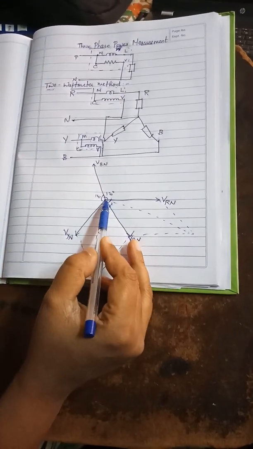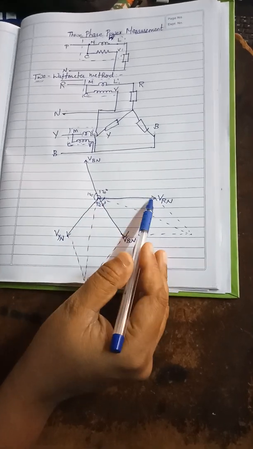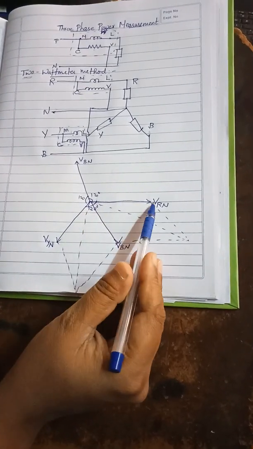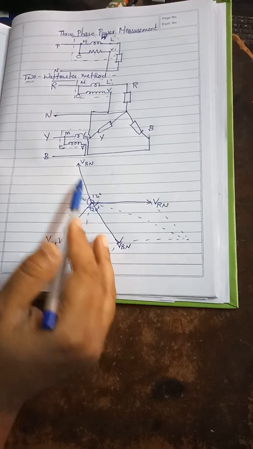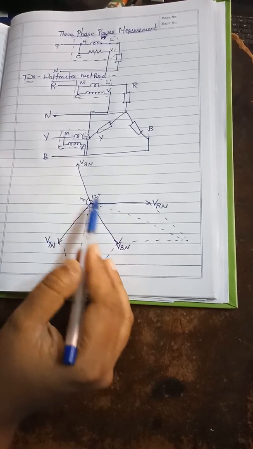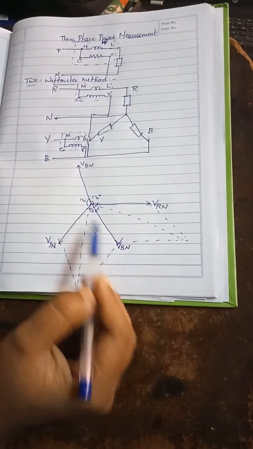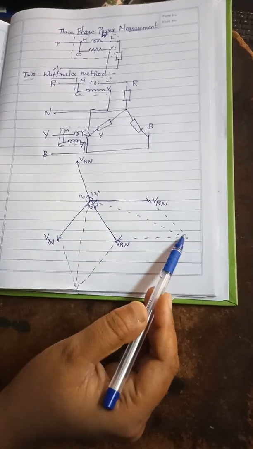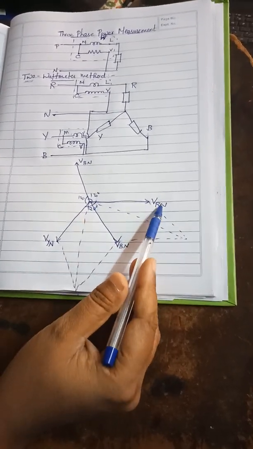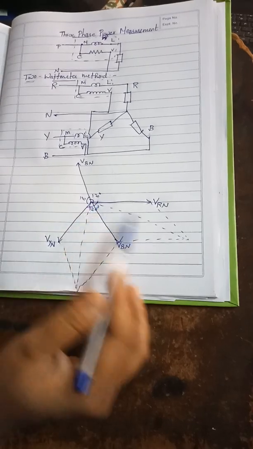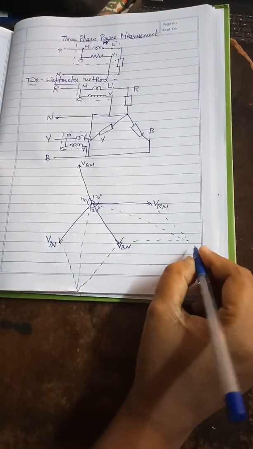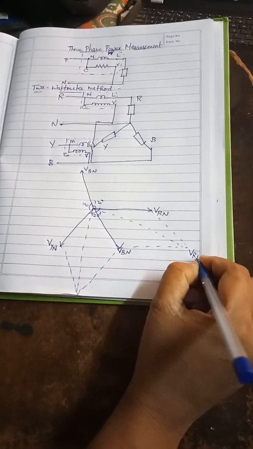Let us draw the phase voltages as a reference, VRN, VYN and VBN, displaced 120 degrees to each other. Now draw the resultant vector between VR and VB; this is VRB.